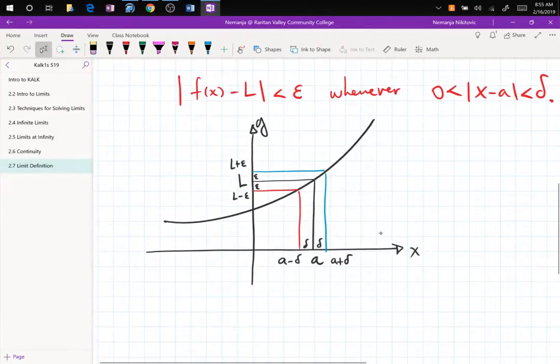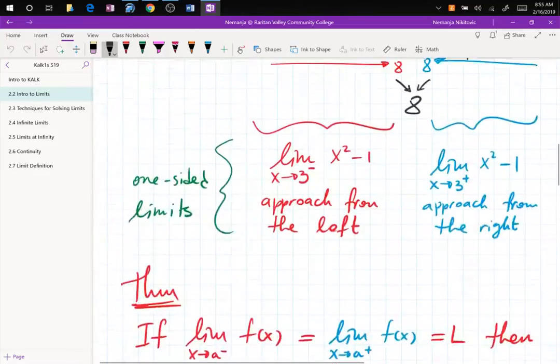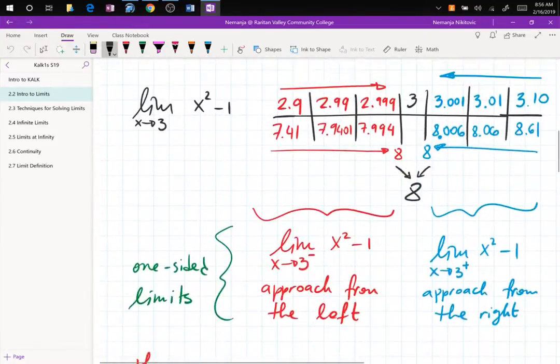So no matter how small you make this delta, there will be an epsilon that will be also very, very small so that the blue and red can collapse onto L. We have seen that in our very first lecture in the pick any chart, it doesn't matter.